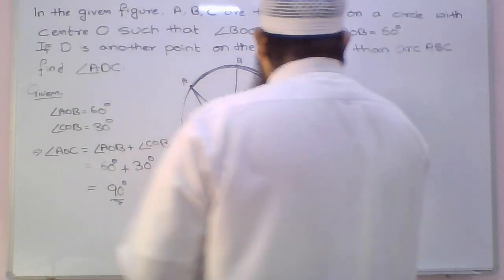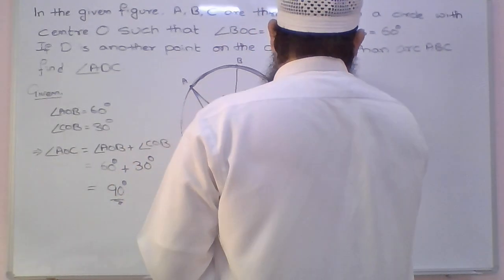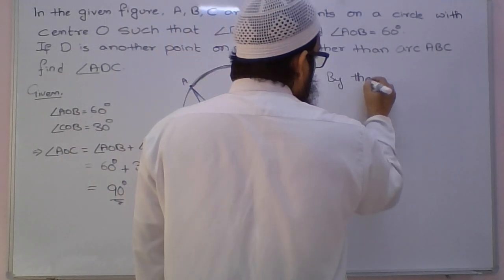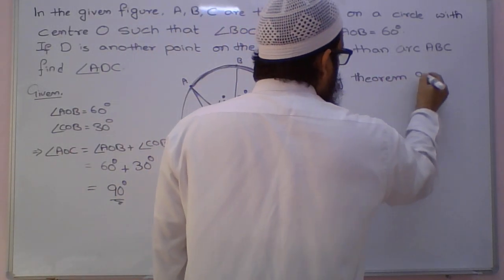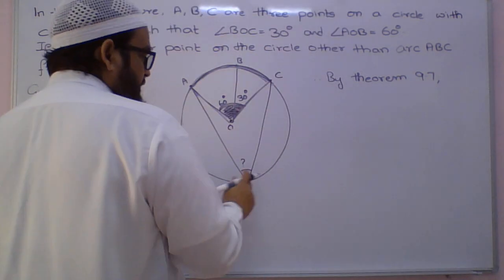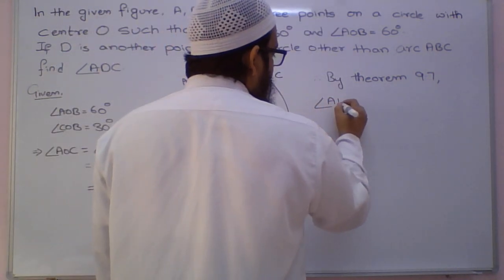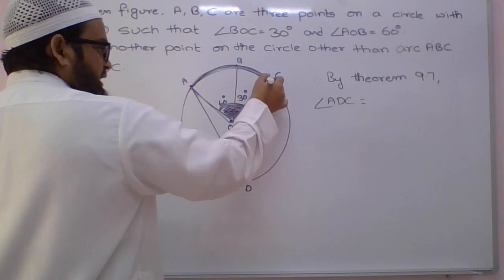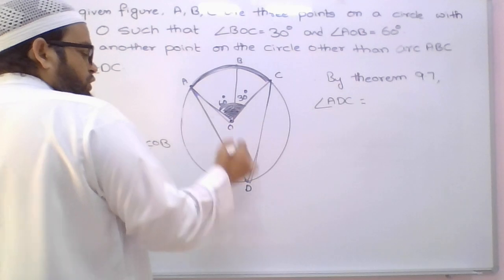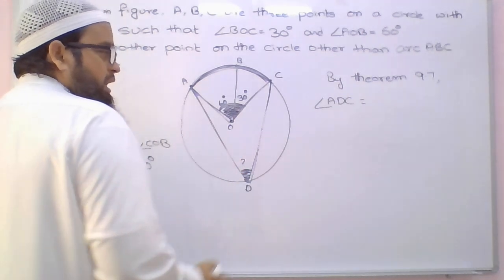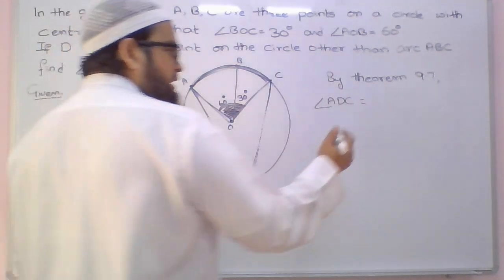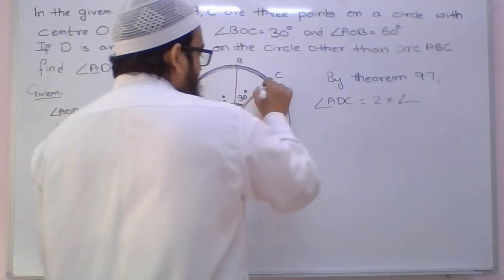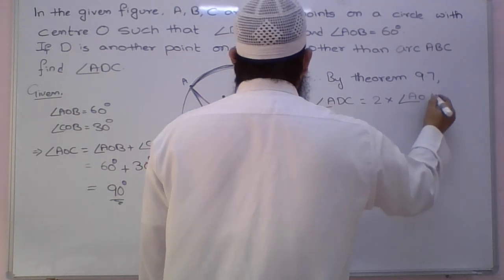Yes. So by theorem 9.7, angle ADC is the angle subtended by the arc at any other point, which is half the angle subtended at the center by the same arc, angle AOC.